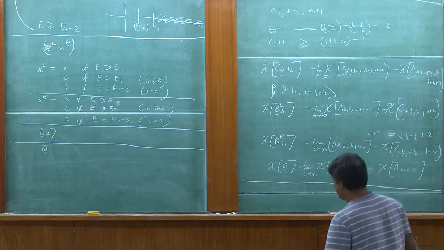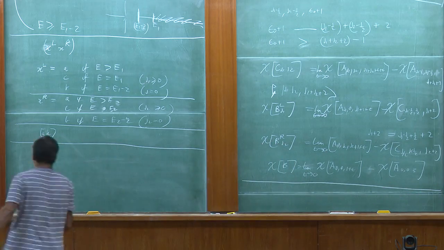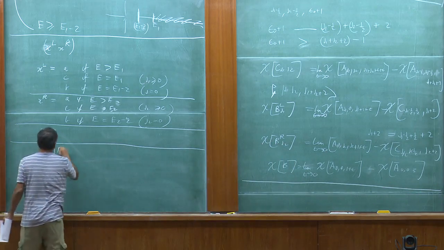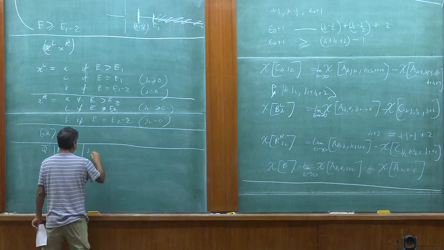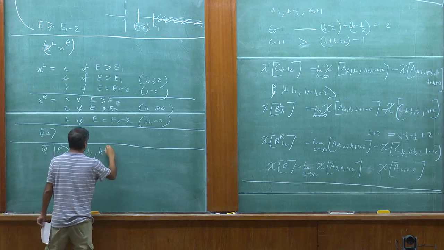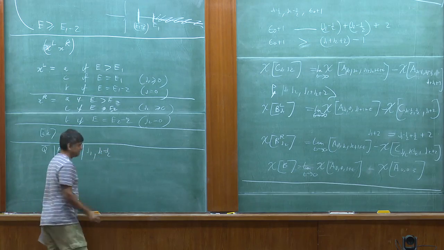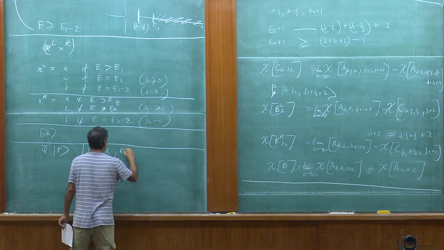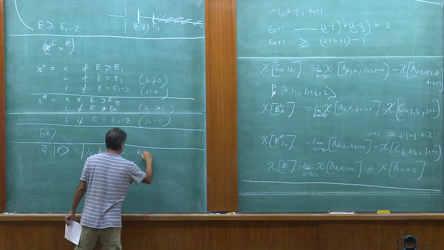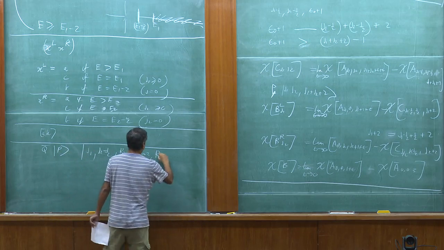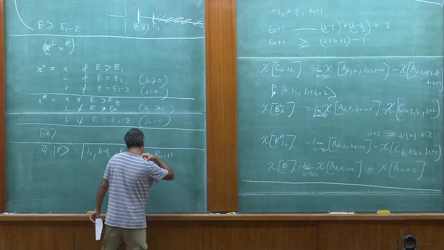So when you act with Q bar on the primary, you get a state whose representation is: J1 is the same as it was, J2 has gone to minus half, R1 has remained what it is, R m minus 2 has remained what it is, but R m minus 1 gets one more.